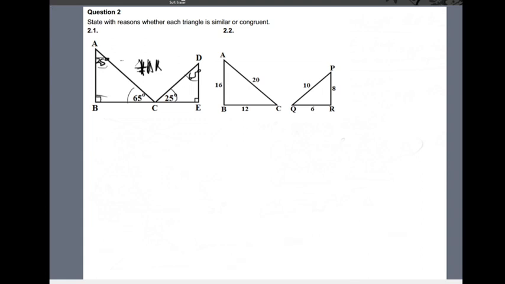So notice that the side AB and the side PR are in the same proportion, because the side AB is 2 times the side PR, and the side BC is 2 times the side QR, right? And then again AC is 2 times this one, meaning the corresponding sides are in the same proportion, right?